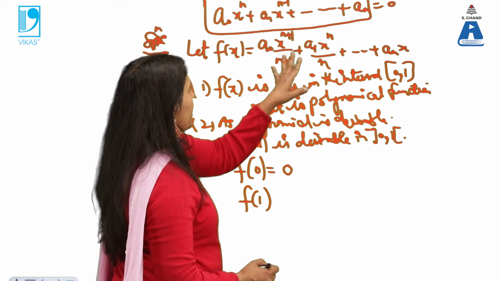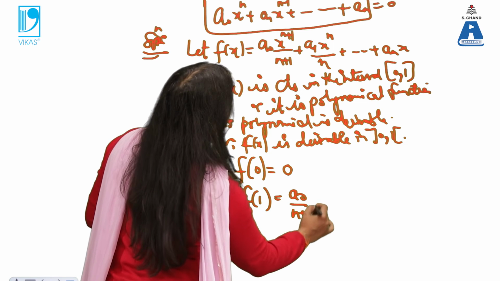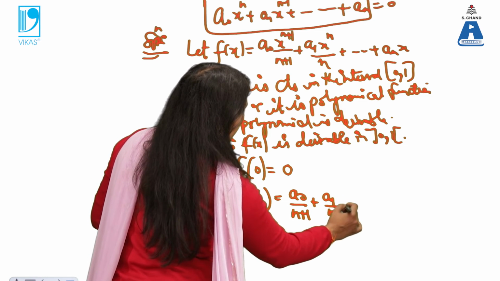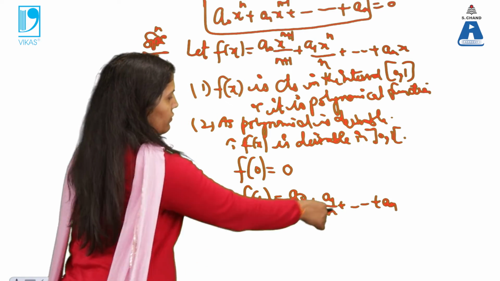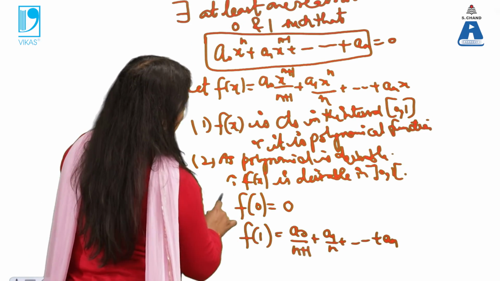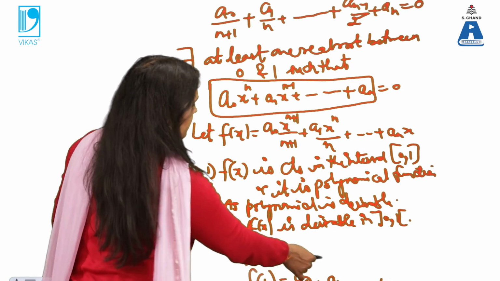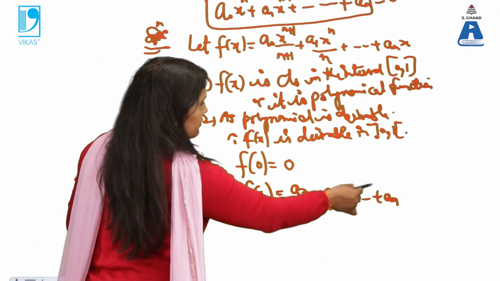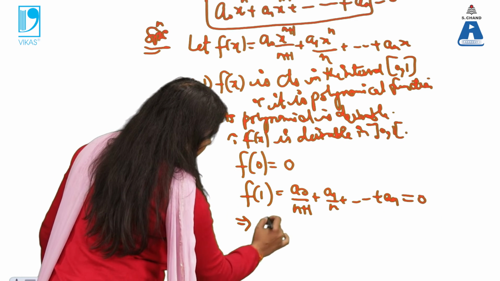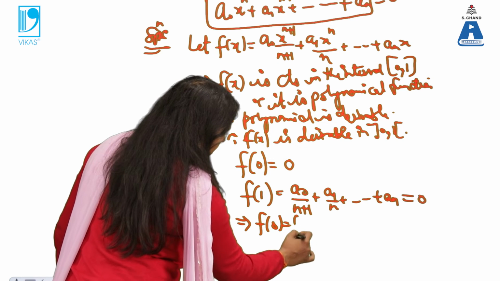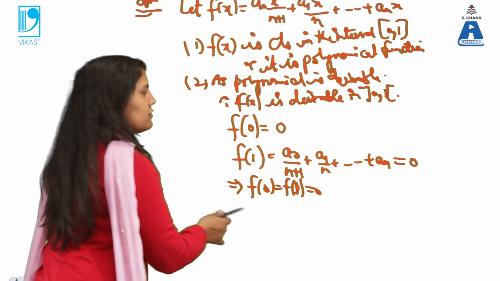What will be f(1)? f(1) will be a0/(n+1) + a1/n and so on, plus an, and you can see this is the given condition, and in the question it is given that this is 0. It means f(0) equals f(1) and equals 0. All the three conditions are satisfied.